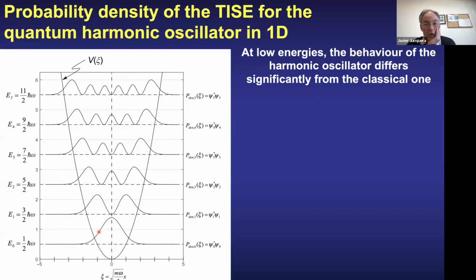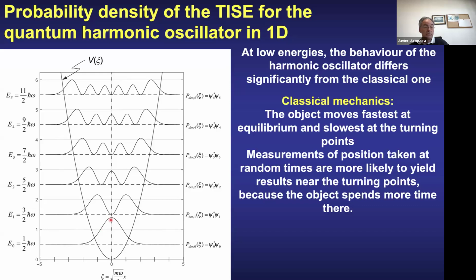So we can see how at low energies, the behavior of the harmonic oscillator differs significantly from the classical one, in the sense that if we make a measurement of the position of the particle in classical mechanics, I would expect that the object will be located closer to the classically turning points, because the velocity of the particle at the turning points is smaller, and that means that the object spends more time there.